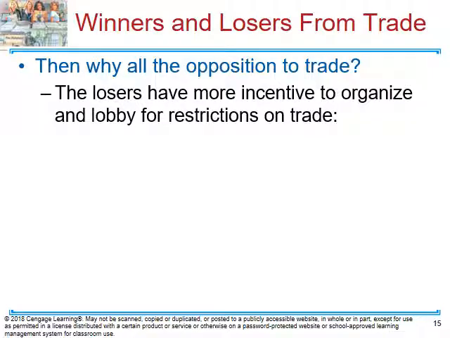So the textile company owners will get together, lobby the government, and try to restrict international trade. Why? Because they are the losers, and they have this incentive to organize and lobby for more trade restrictions.